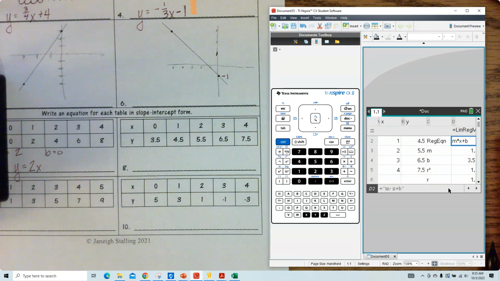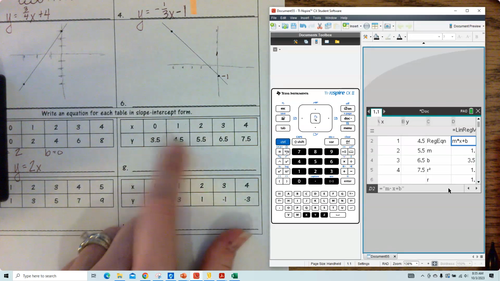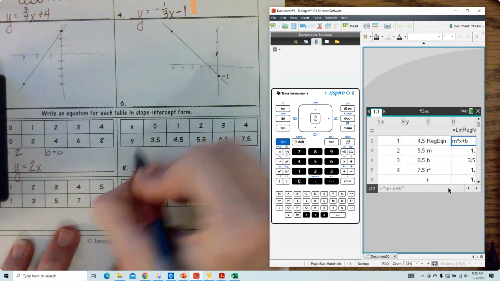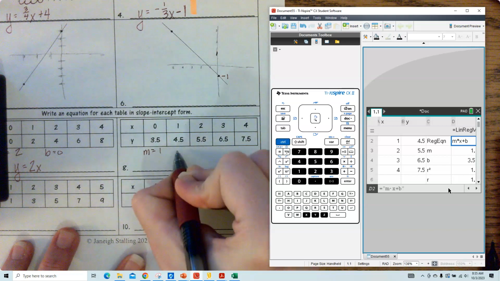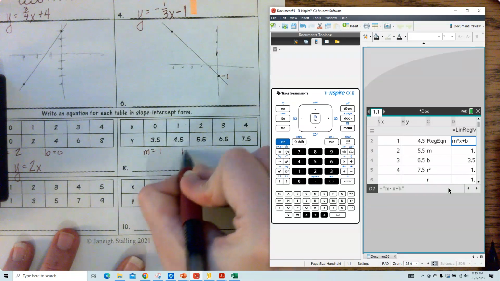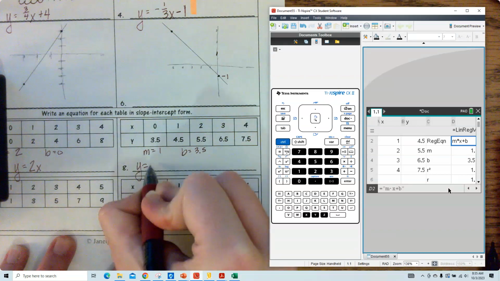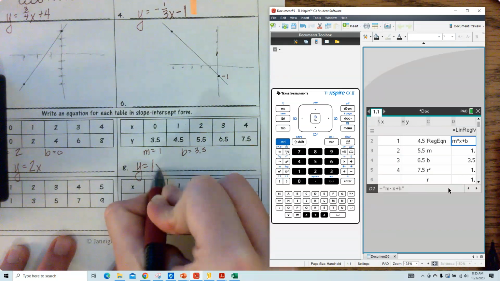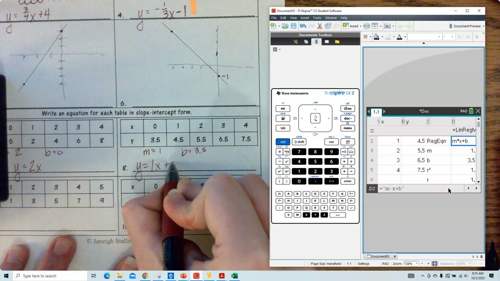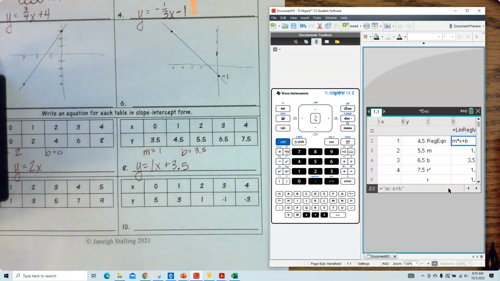So there are going to be times when we do linear regression that we do have to convert. This one we don't because there's decimals in our problem. So M is 1, B is 3.5. So if I write this out, Y equals M is 1, tack on the X, positive 3.5.